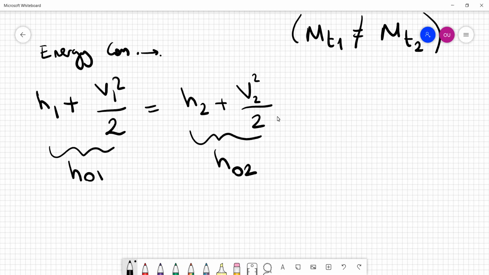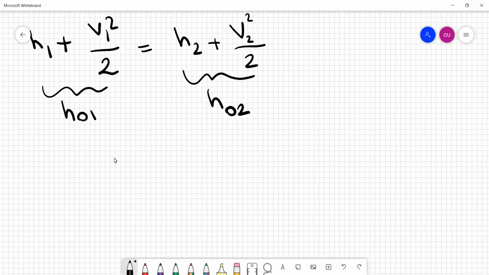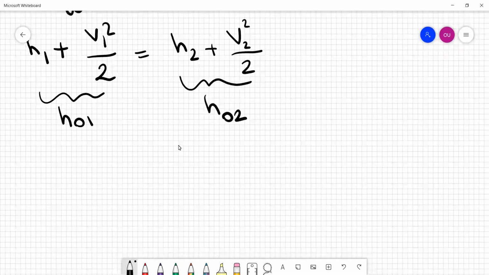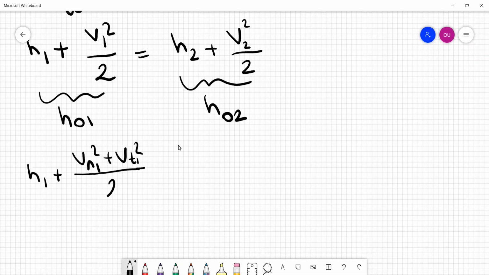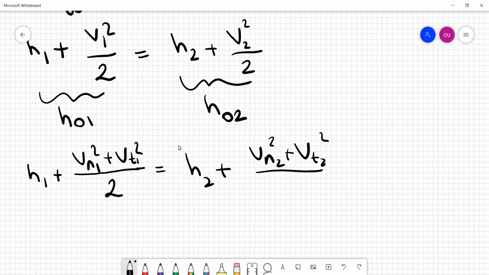So this is kept constant, but we know that V1 squared, for example, is the magnitude of the velocity vector. So it includes both the tangential and the normal component. The magnitude of it is equal to Vn1 squared plus Vt1 squared, over 2, and H2 plus Vn2 squared plus Vt2 squared, over 2.